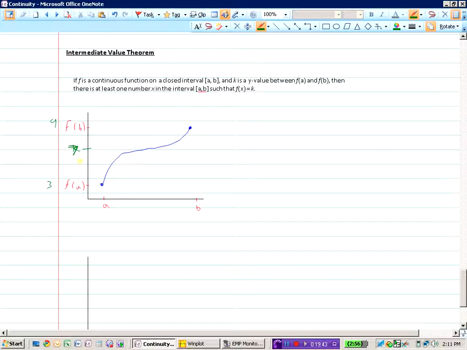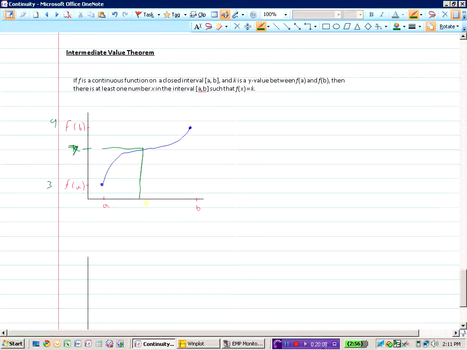If this is a continuous function, and we are going from a to b on our x-axis and f of a to f of b on our y-axis, then somewhere in between these two y values, or if you like, this elevation, there must be an x value between A and B. There would have to be. Because it's a continuous function.